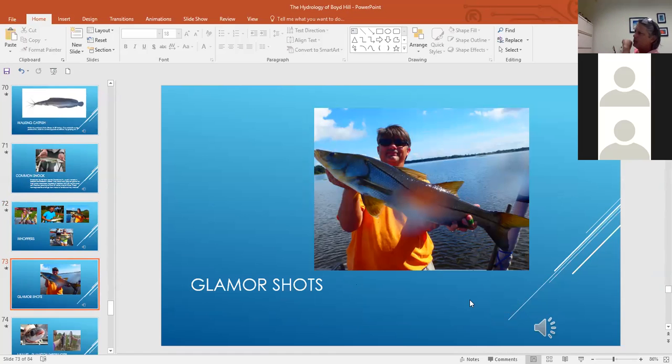We spent a couple of years catching snook and tagging them as part of a fish migration study that Florida surveys. And you get a free t-shirt if you catch a fish with a tag and get the tag number and call it into FWC. So that was kind of an exciting scientific endeavor that I was part of. And that was the biggest one I got to tag.